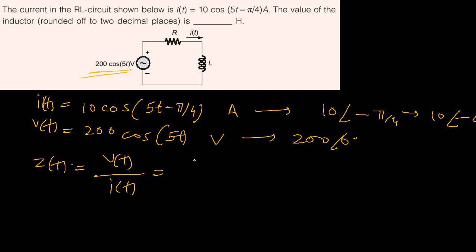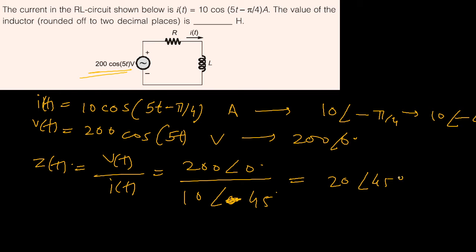So let me put those values here: 200 with the angle 0 divided by 10 with the angle -45, that is nothing but 20 with the angle of 45.